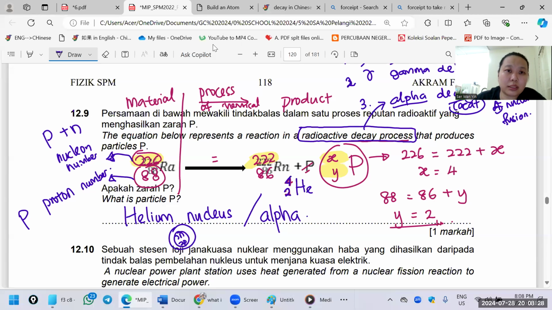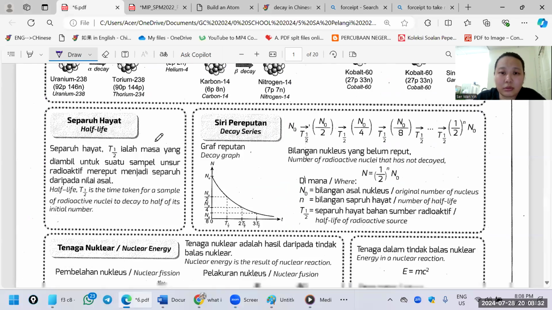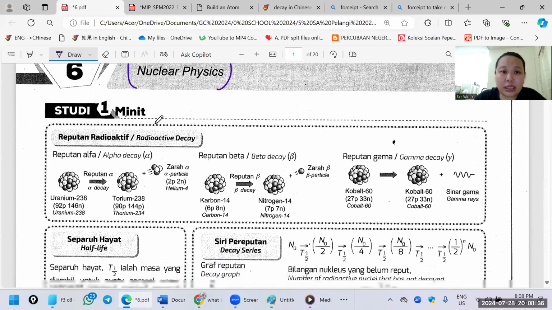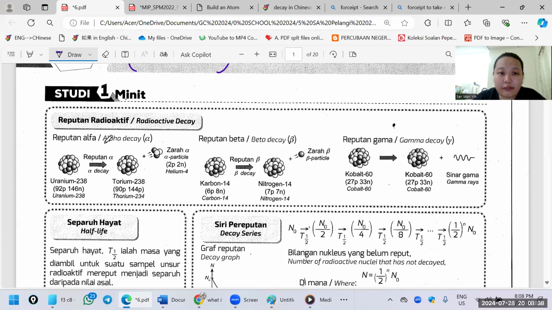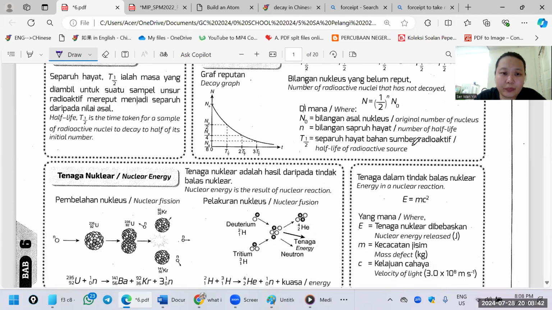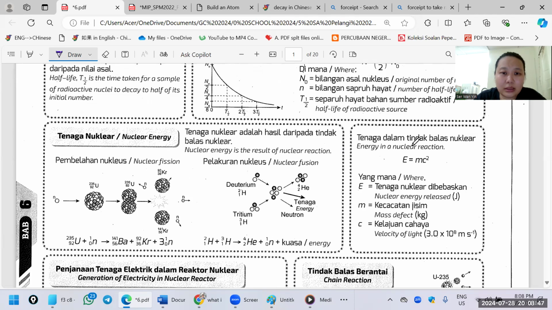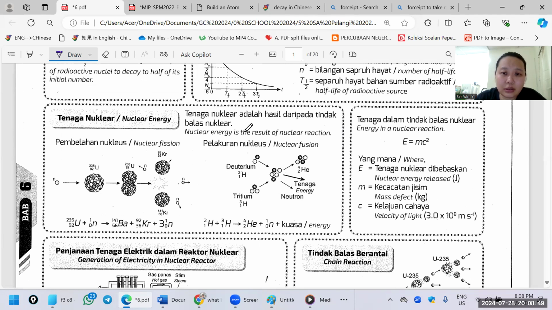Okay, so now let's come back. Here we have 3 radioactive decays: alpha decay, beta decay, gamma decay. Then with nuclear reaction there's still nuclear fission and nuclear fusion.